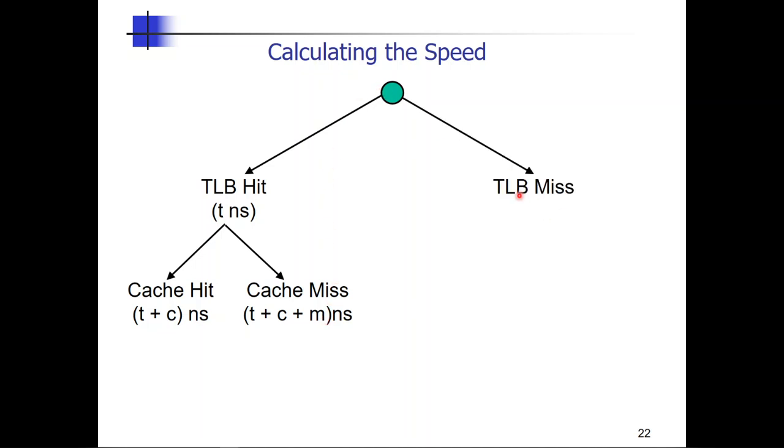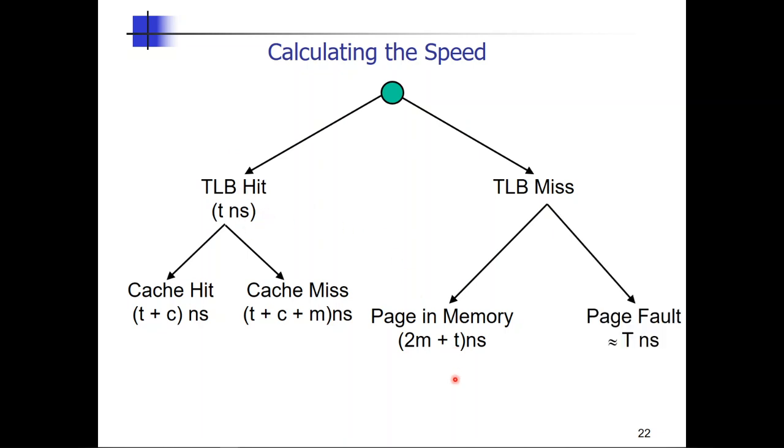In case we miss in the TLB with the lookup or the translation, then we would need to look up the page in the memory. Now in this case, we are going to have to do it twice, one for the page table and one for the actual word or the block that you are looking for, plus T because we spent time trying to look in the TLB and we missed, so the penalty from that.